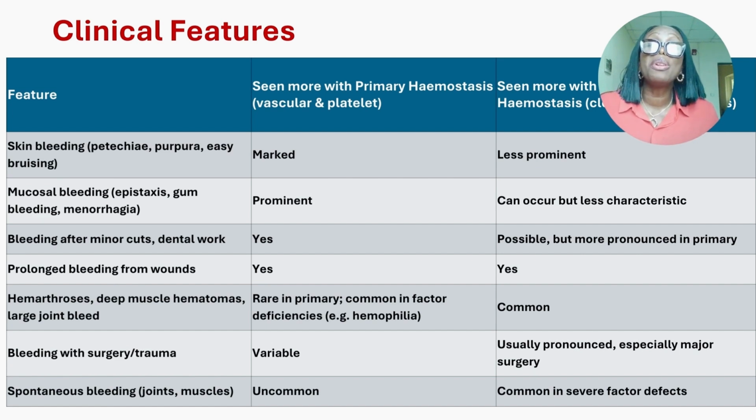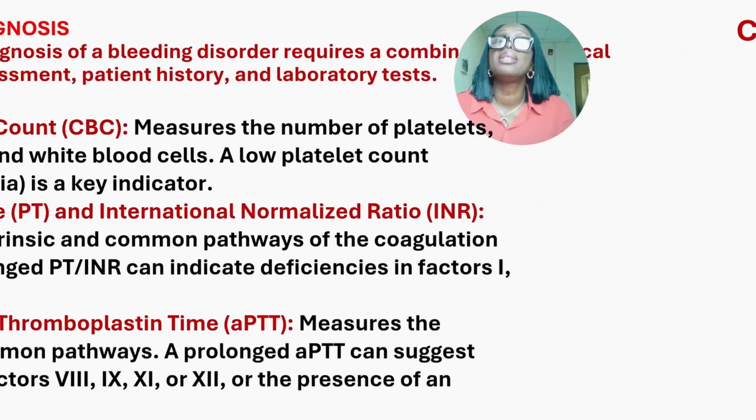It's mostly common in defects of secondary hemostasis. Bleeding with surgery or trauma is usually pronounced in secondary hemostasis, especially after major surgery. And spontaneous bleeding into joints and so on is not common in primary hemostasis, but very common with defects in secondary hemostasis.